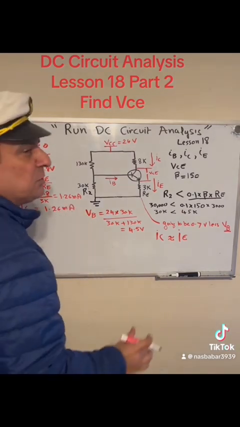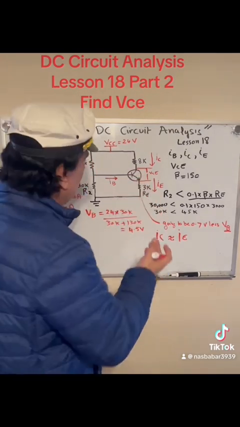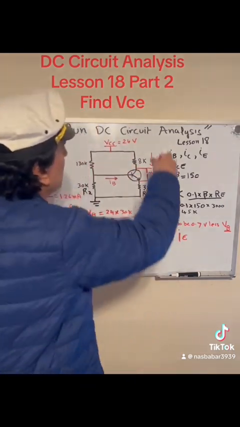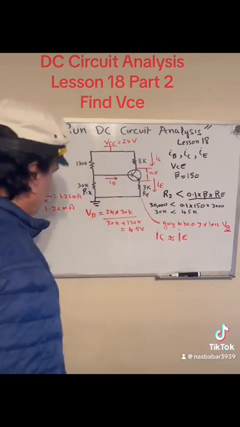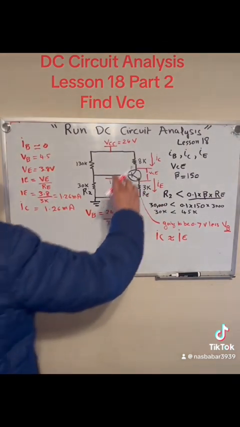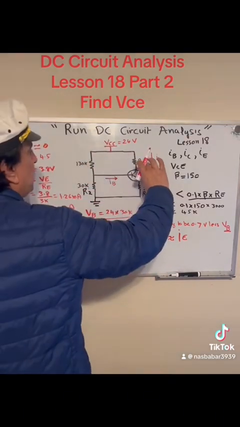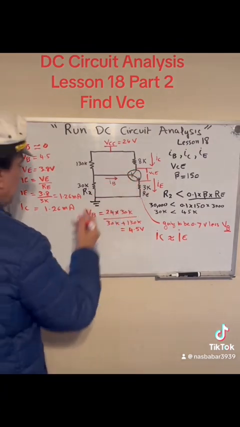These are the characteristics of the silicon which we use, and using those characteristics we can assume that IC and IE are almost the same. Now I have everything in order; I just don't have the VCE, the voltage drop across the collector and emitter.